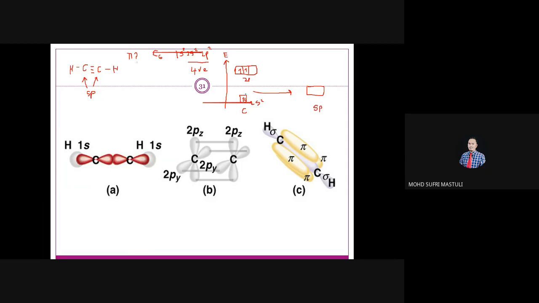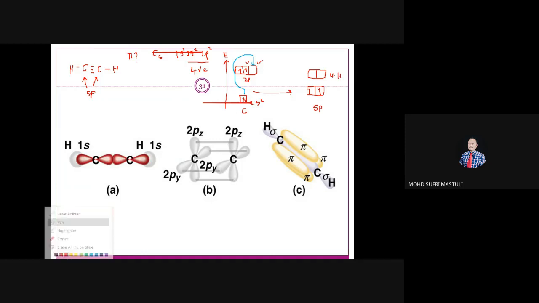Because we don't have a lone pair, one of the electrons should be moved. Because this carbon is sp, we have two boxes, one electron, second electron. Another two orbitals, which is this and this, are unhybridized.